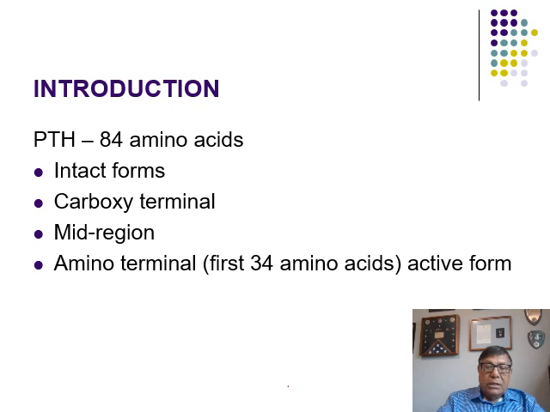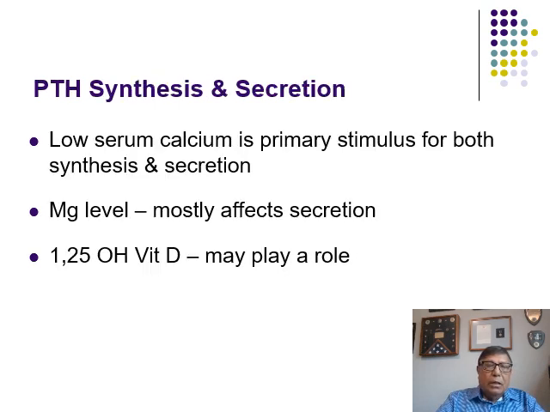So that is the one that we measure. The amino terminal is hardly ever used unless the patient has kidney disease or some form of problem related to the other enzyme deficiency.